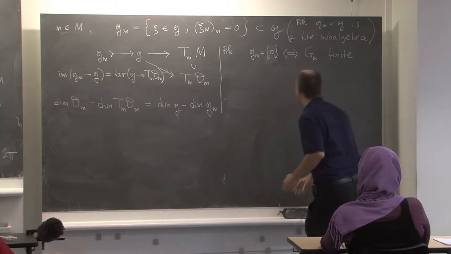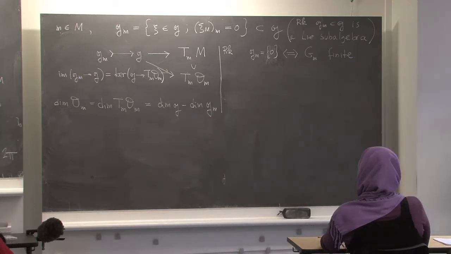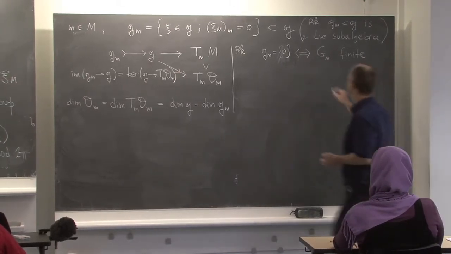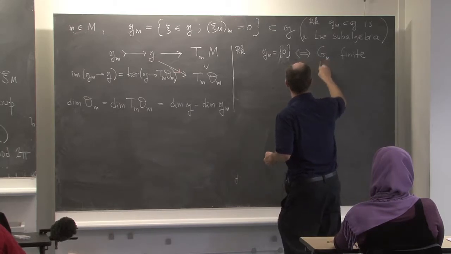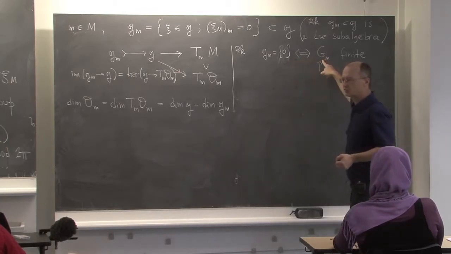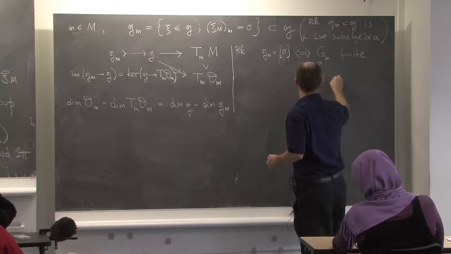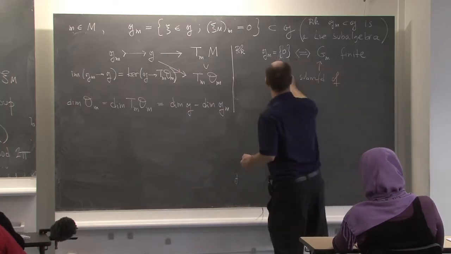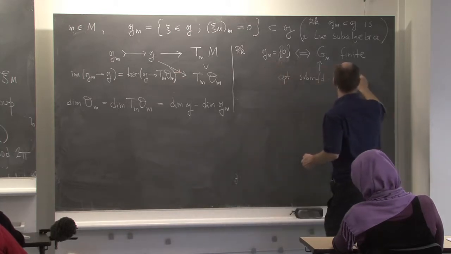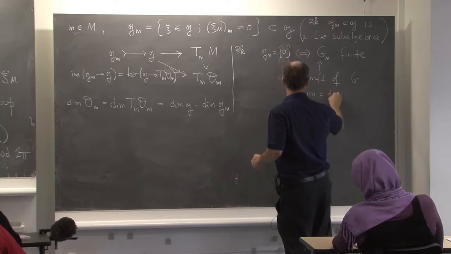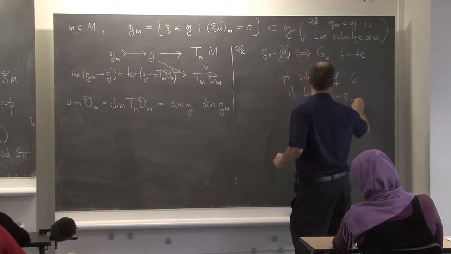So why is that? That's because G_M, we know it's a Lie subgroup. So it's a compact submanifold of G of dimension equal to the dimension of g_M.